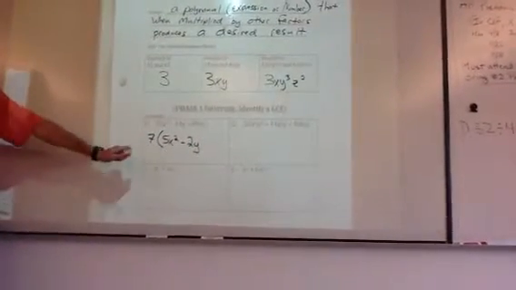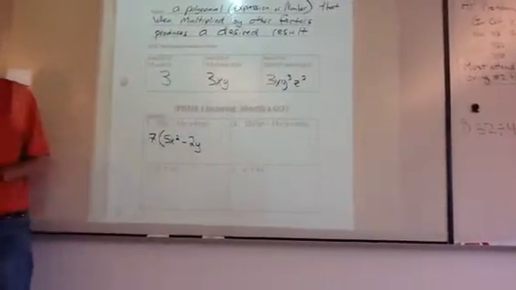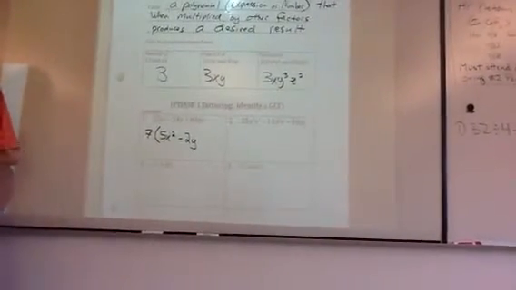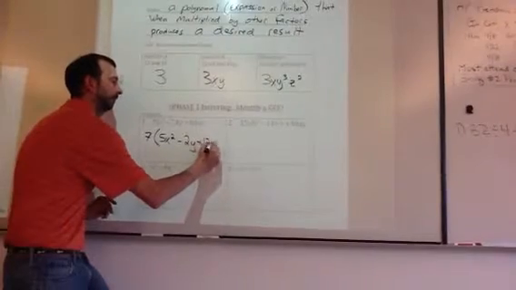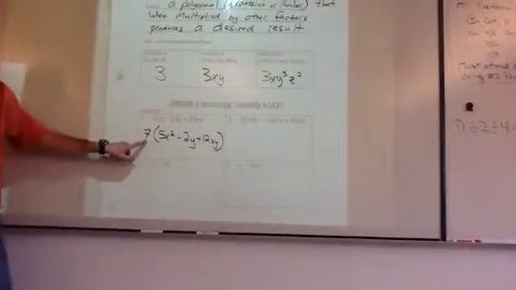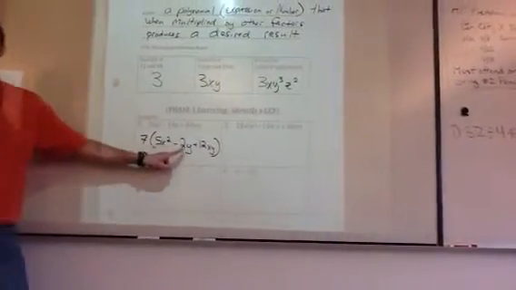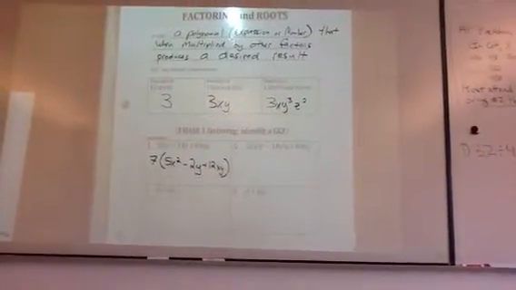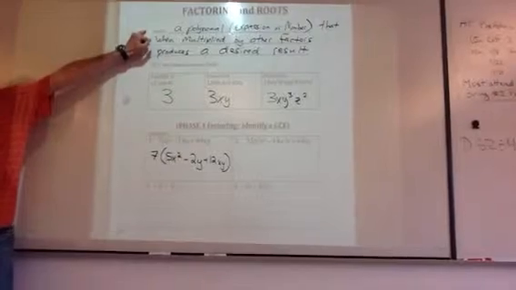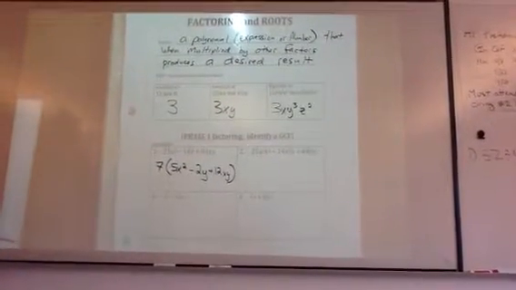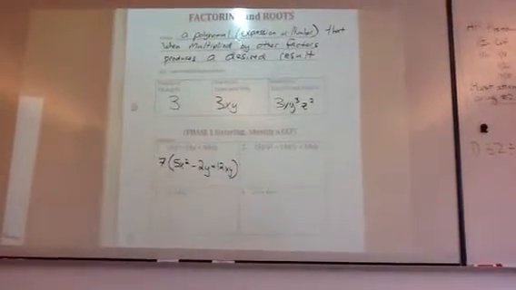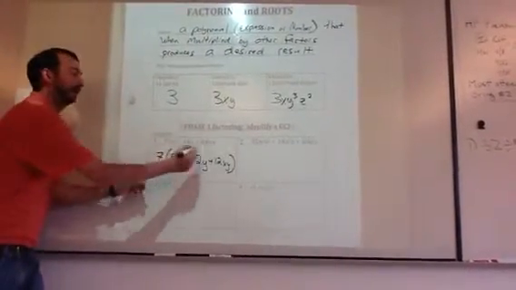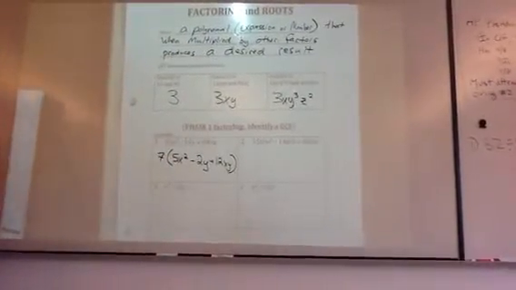What would I need to multiply my 7 by to get a product of 84xy? 12xy. 7 multiplied by this trinomial will give me my desired result. Therefore, it must be a factor. Again, a factor is a number or a polynomial that when I multiply it by something else will provide me with a desired result. If I redistribute, that will be my desired result.